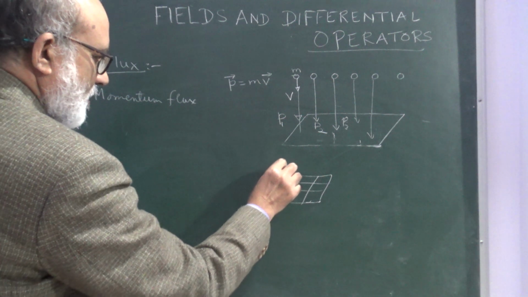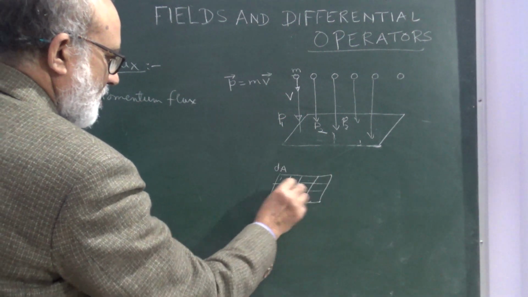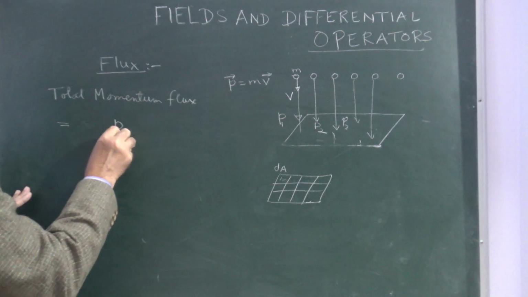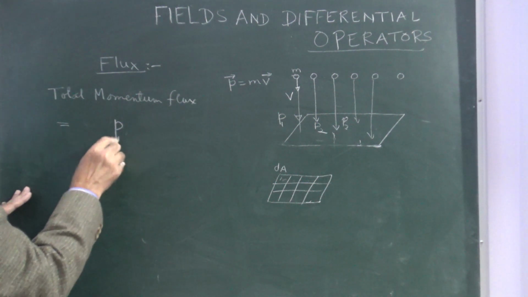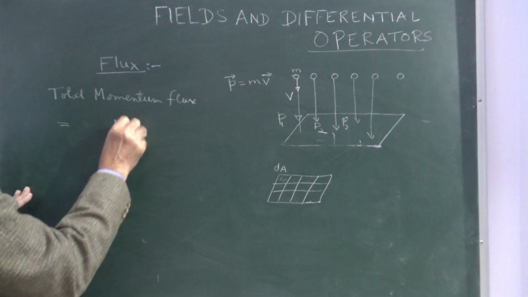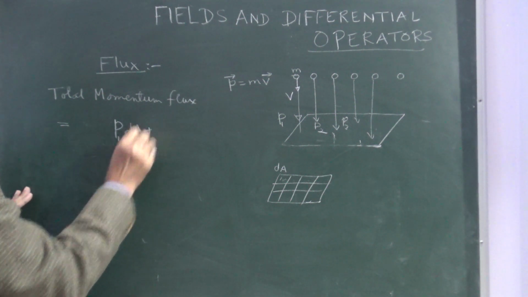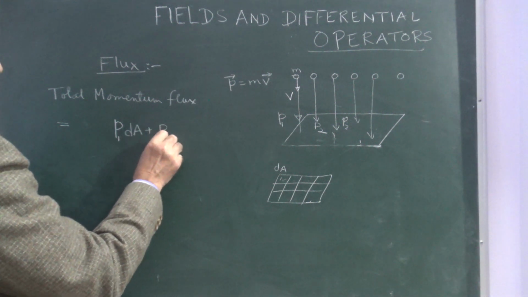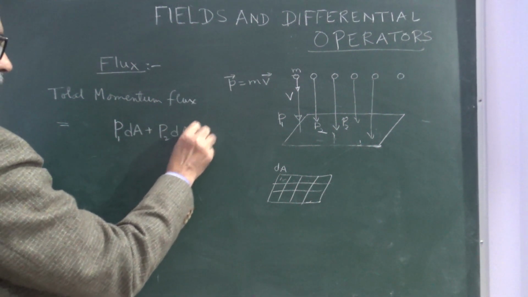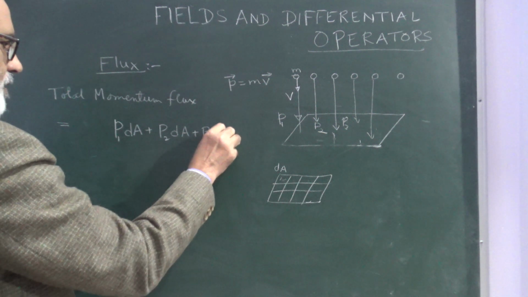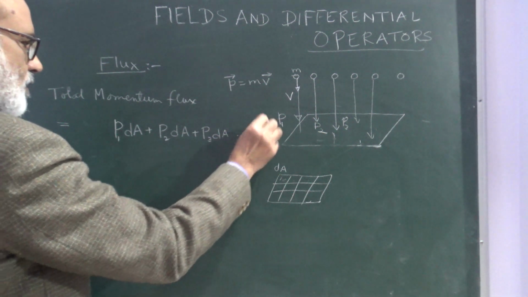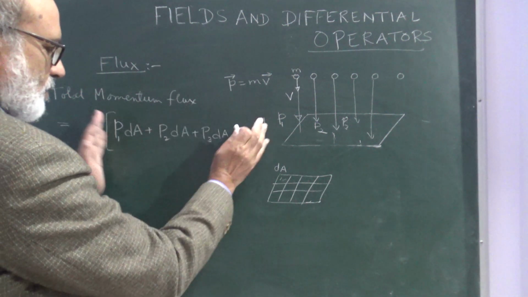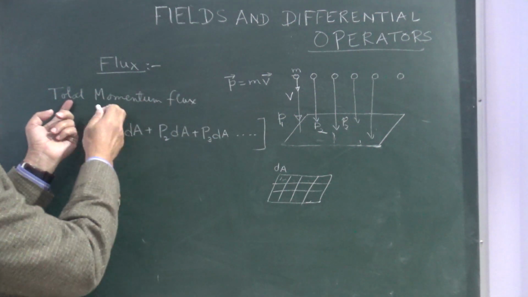In the first area the momentum is P1, so it is P1 dA, plus in another area the momentum P2, P2 dA, plus P3 dA, and so on. The total sum of the fluxes will give you the total momentum flux.